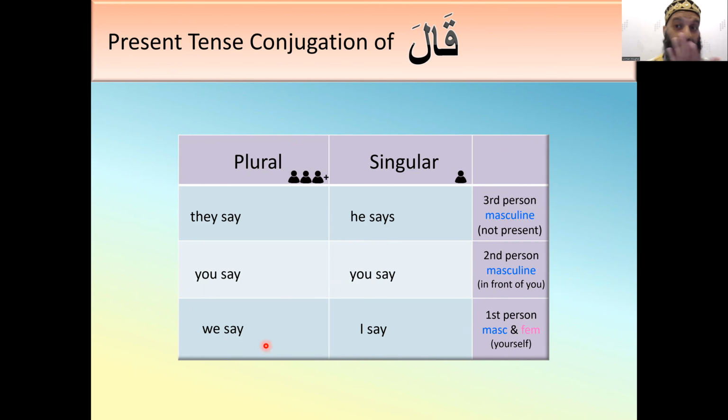Others you might have to think and you might not know. And then you've got verb conjugators on the internet. You could just put in the 3 letters and it will give you the whole conjugation, all the different ways of saying it, and you'll discover what the vowel on the third letter is. Even if it's a weak one, it'll tell you how to do it. There are plenty online.